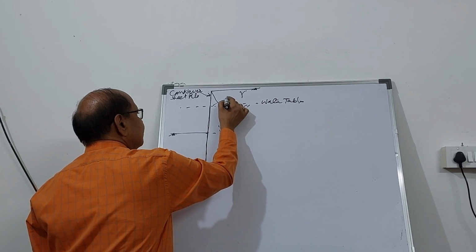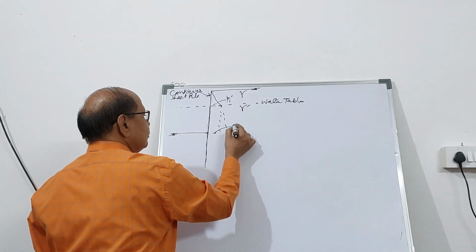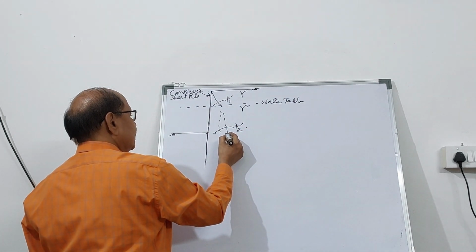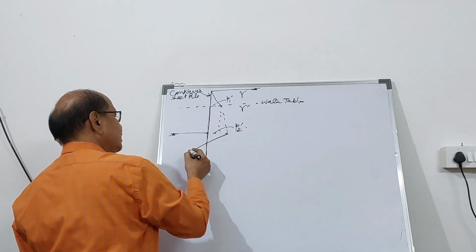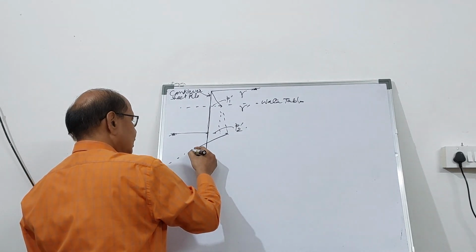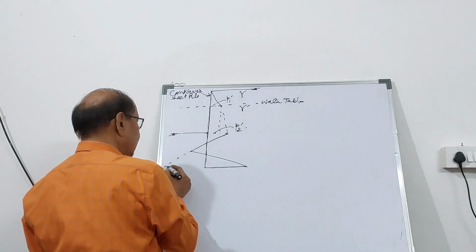This is going to be the active pressure, which we had taken as P1 prime. This is going to be P2 prime. And the pressure distribution is going to change like this, and it extends like this, and then it is going like this.